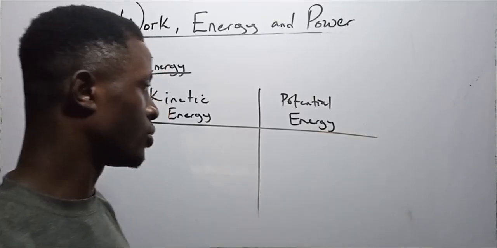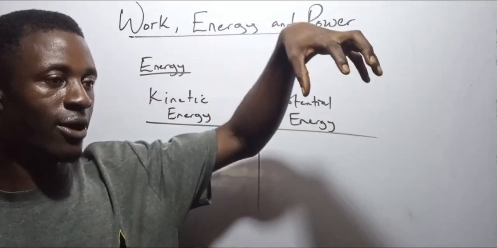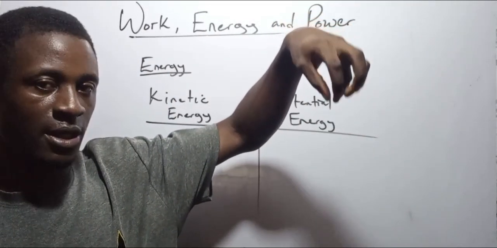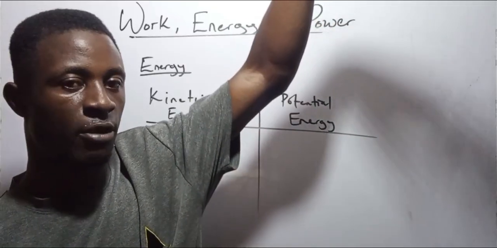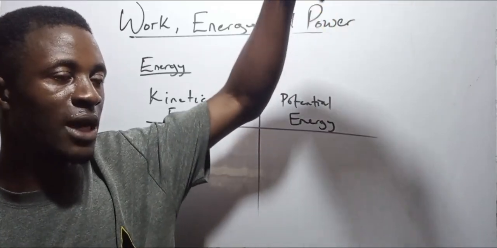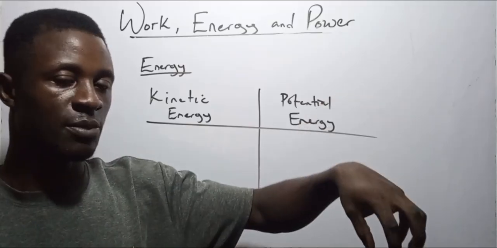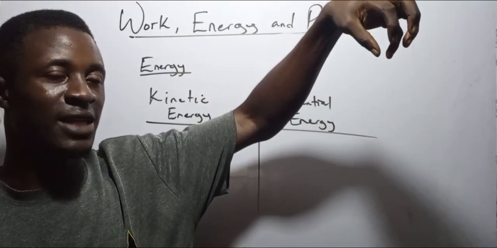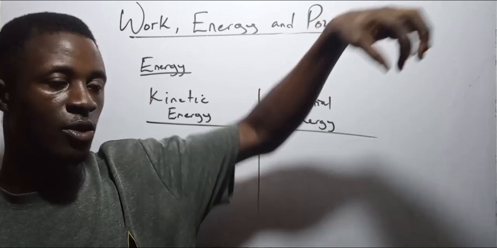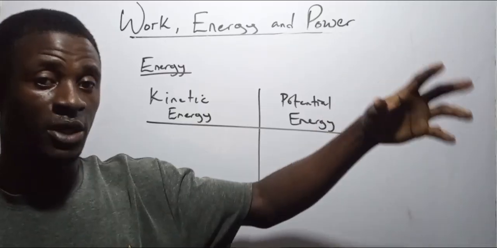So let us assume that an object is suspended here at this height, and another object is suspended right above it. Now the one that is higher, when it lands on the floor, can do more work than the one below it. Why? The reason is because this one is at a higher height compared to this one. So the more the height of an object above the ground, the more the potential energy.